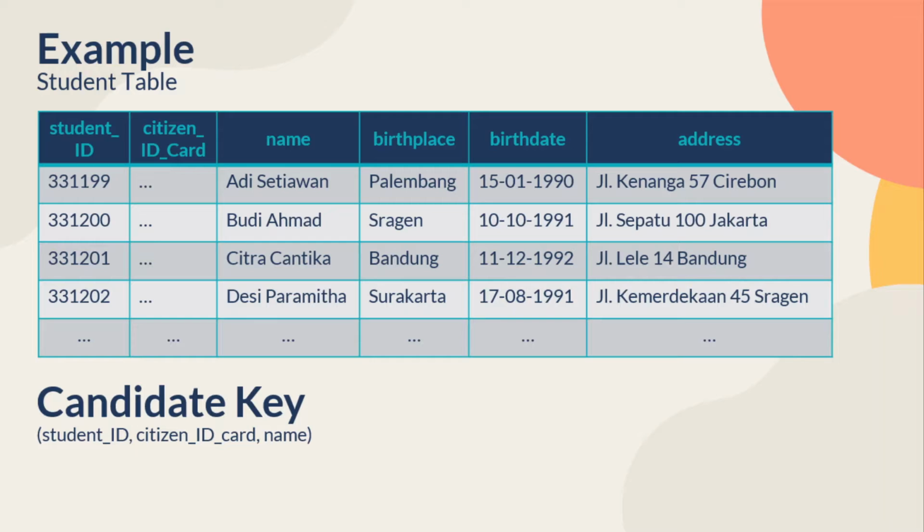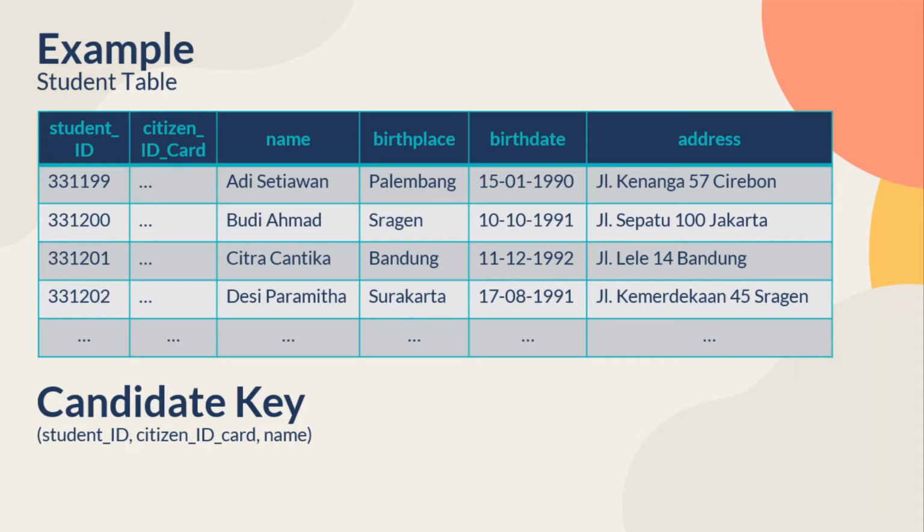The name attribute is not unique because there might be two students who have identical names. And then the citizen ID card attribute is unique because every citizen has an identical citizen ID card. But it could be that students don't have a citizen card because they were not 17 years old when they were in college.